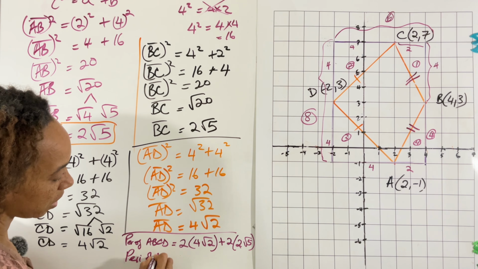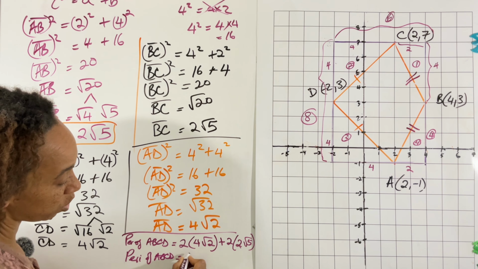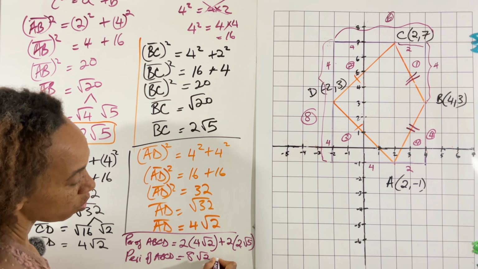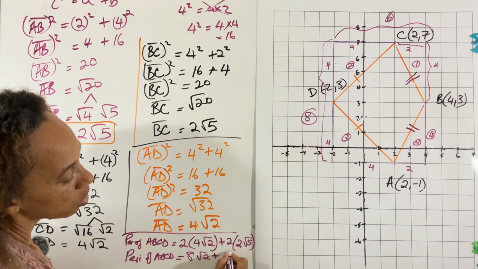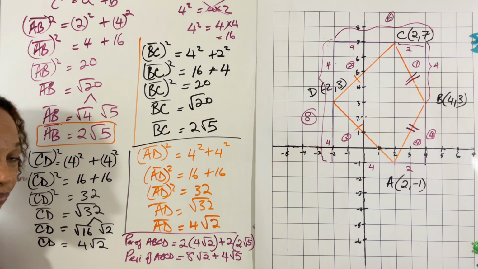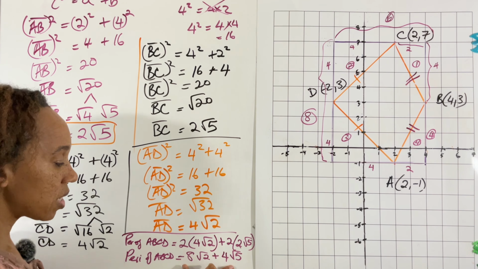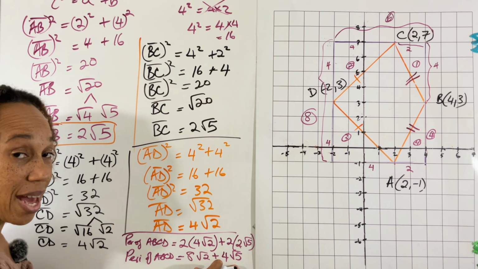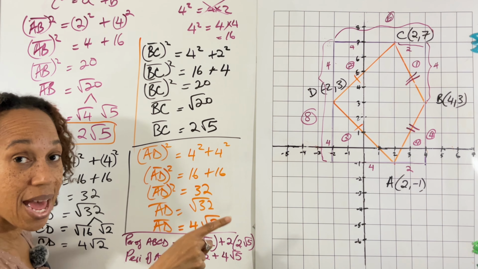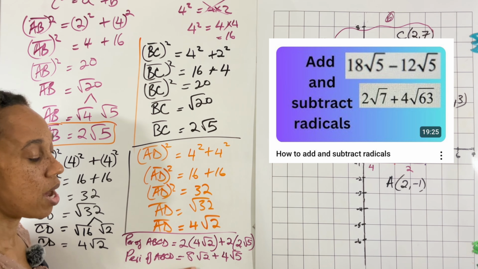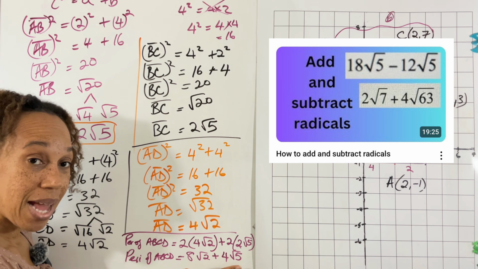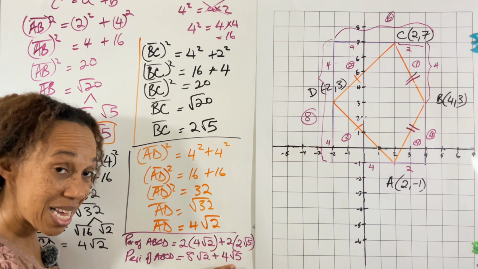Perimeter of ABCD is going to be 4 2's is 8, 8 radical 2 plus 4 radical 5. Now, guess what? We cannot add these two together because they are not like terms. And if you need further help, you can go back and watch my video on how to add and subtract radicals. Now, because they're not like terms, you can leave your answer as this.